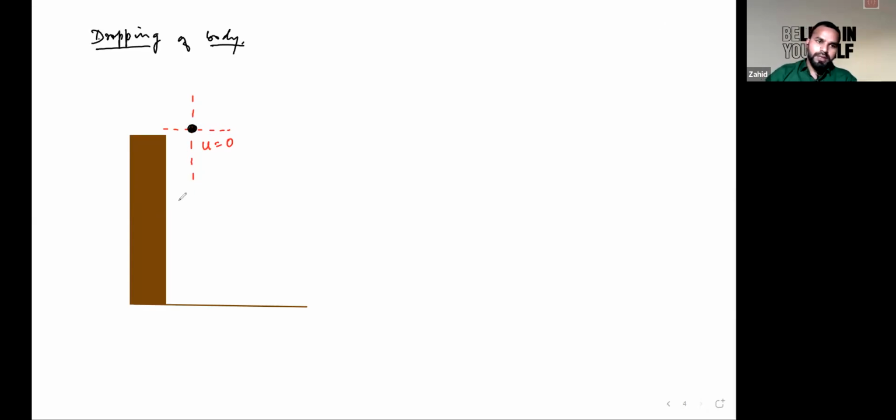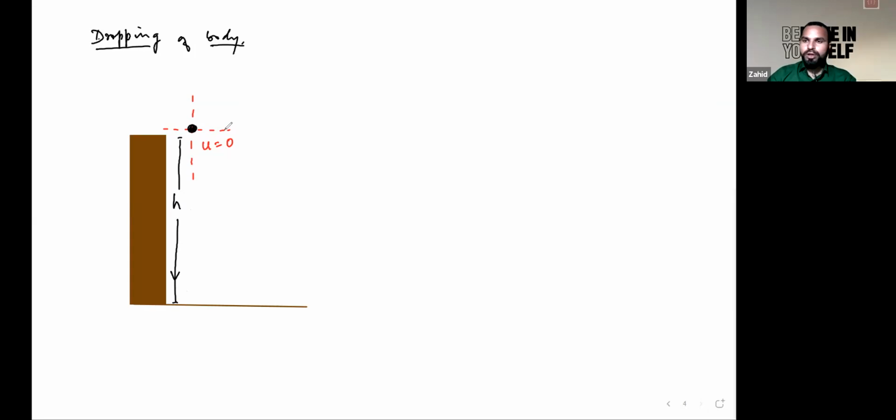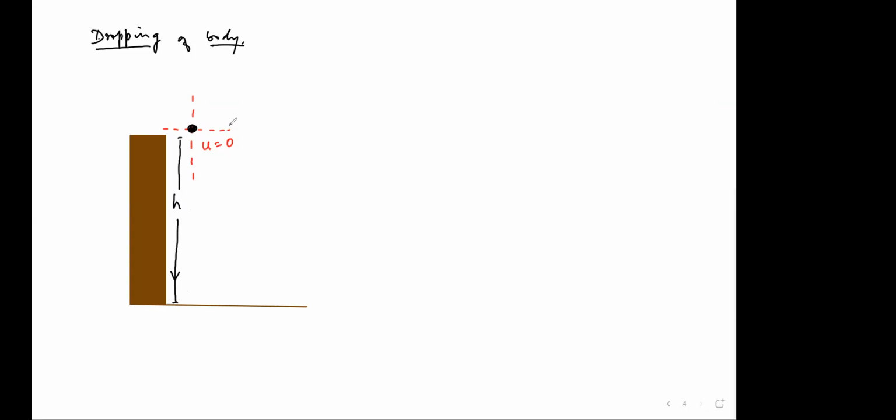So the height of this building from this origin would be along the positive y-axis or negative y-axis? Safan? Yes, sir. Negative.